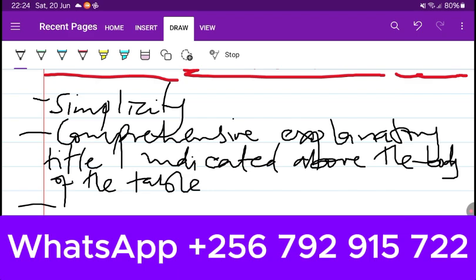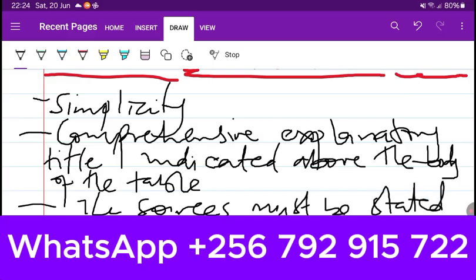The other is that the sources must be stated. That's why most of the time whenever you see a table, maybe in a book, they always put some words to explain where this information came from.